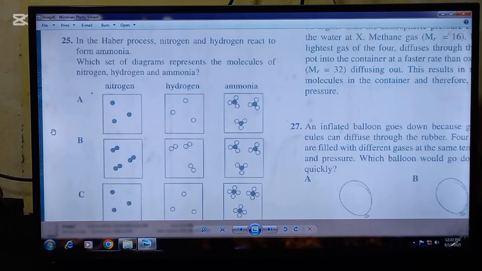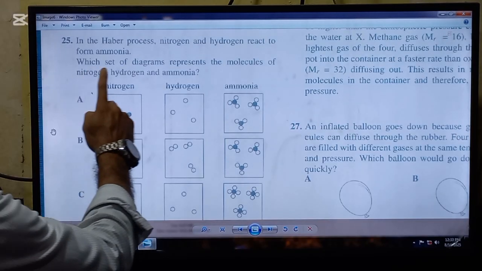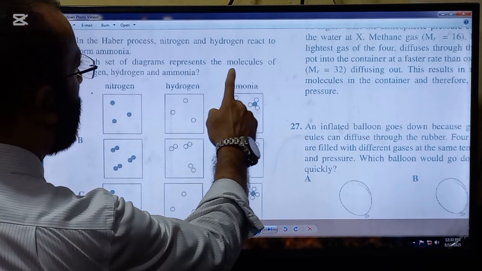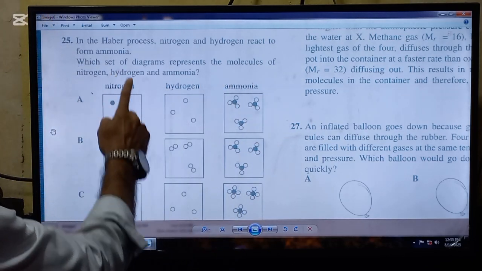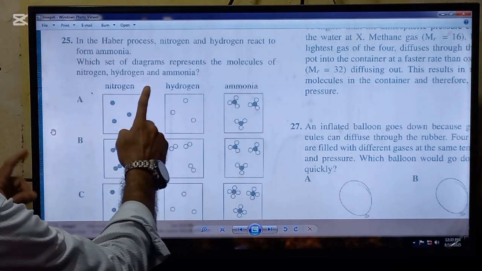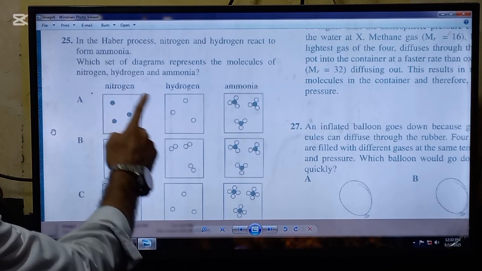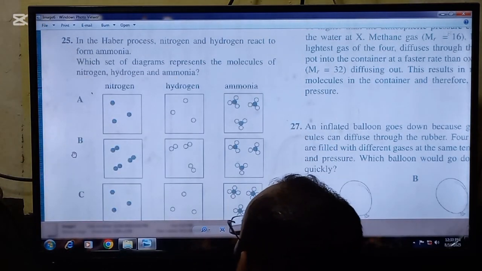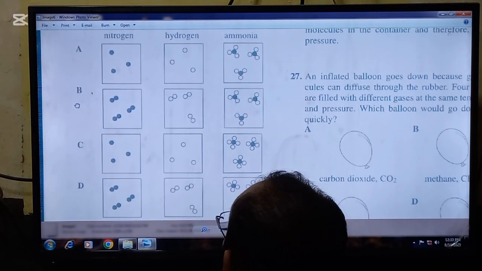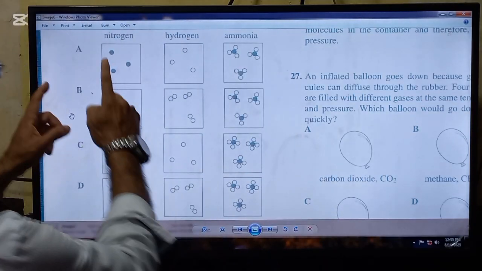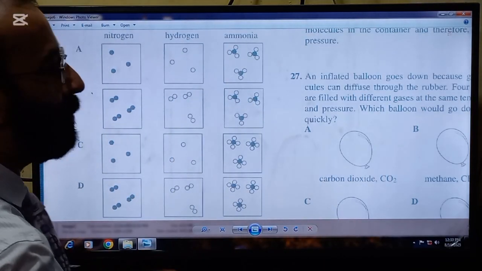Here is another question. The statement of the question is, in the Haber process, nitrogen and hydrogen react to form ammonia. Which set of the diagrams represents the molecules of the nitrogen, hydrogen, and ammonia? And here are the options. So nitrogen, hydrogen, and ammonia.